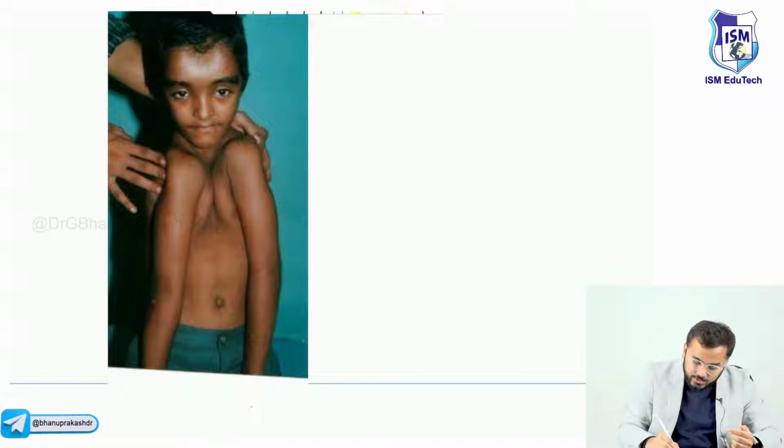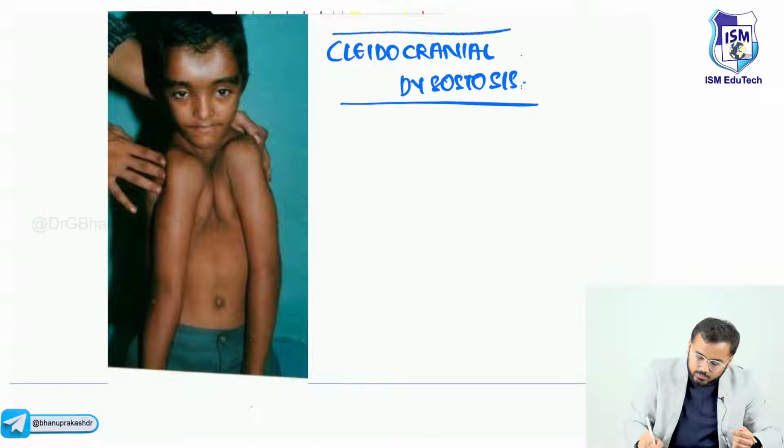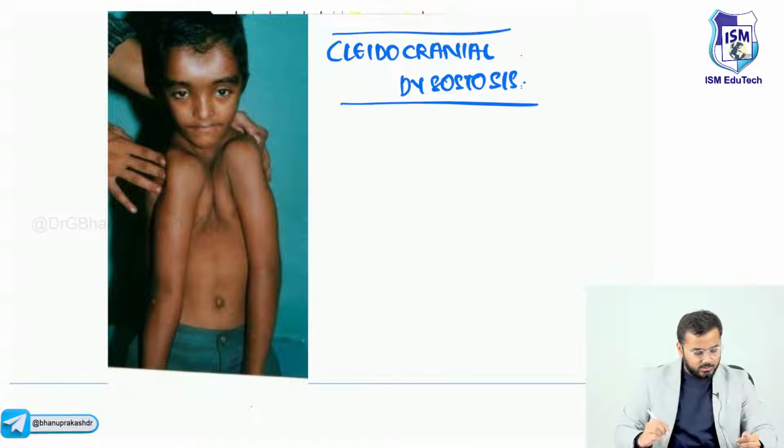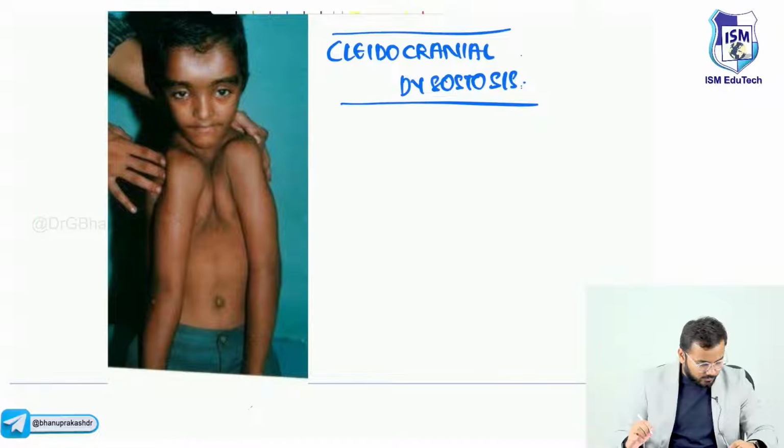So this is the concept behind cleidocranial dysostosis. This condition over here is called cleidocranial dysostosis. Very good, guys. Divi Jain, very good. Kiran Yadav, perfect.